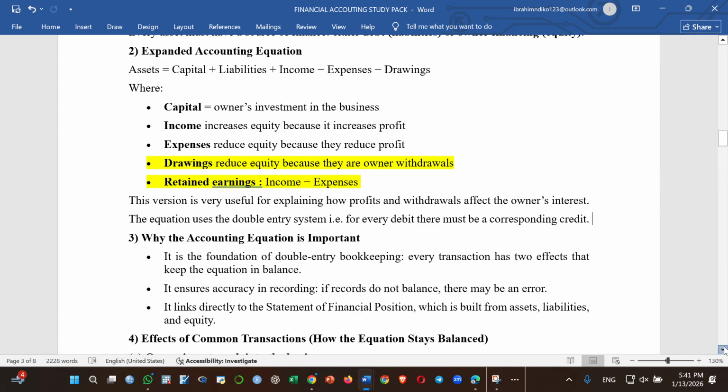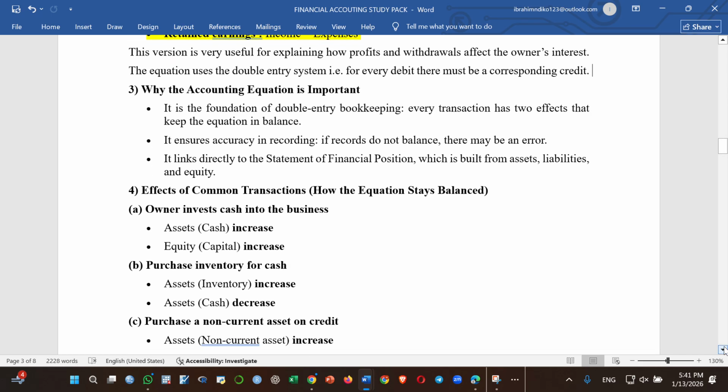Now let us see why it is important. Number one, it is a foundation of double entry. So this accounting equation is important because it forms the basic foundation of double entry bookkeeping, and that is every transaction has two effects. Two effects means debit and credit.